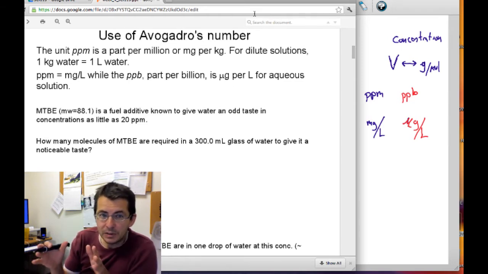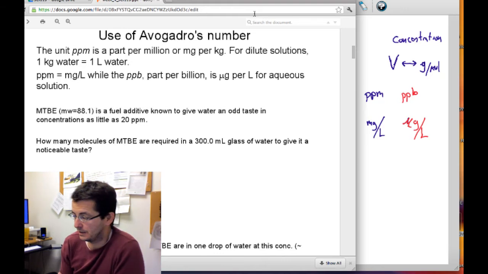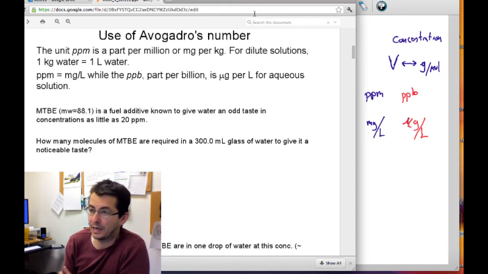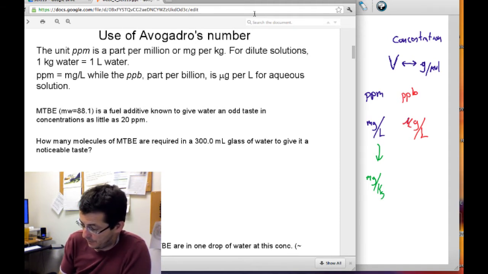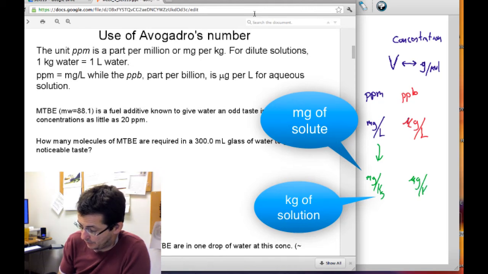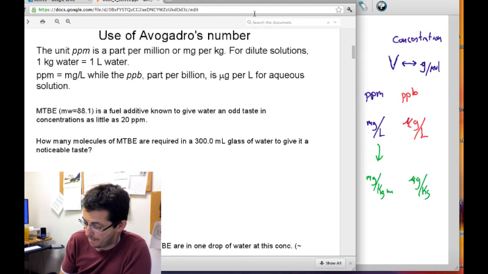Turns out that, because of the fact that water weighs about a gram per milliliter, you could, for dilute solution, express this as milligrams per kilogram, or micrograms per kilogram of solution, water in this case.